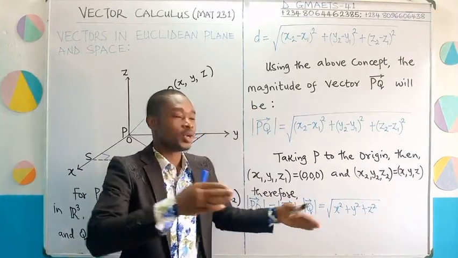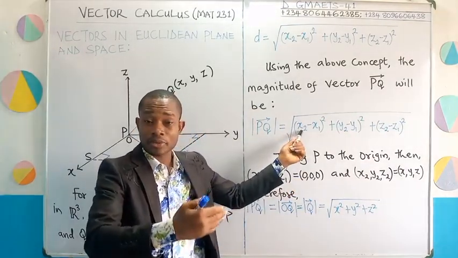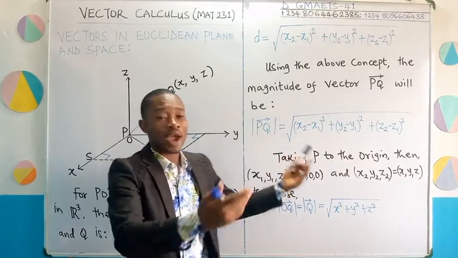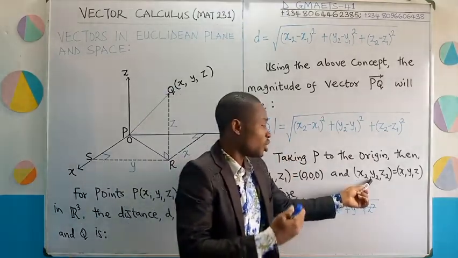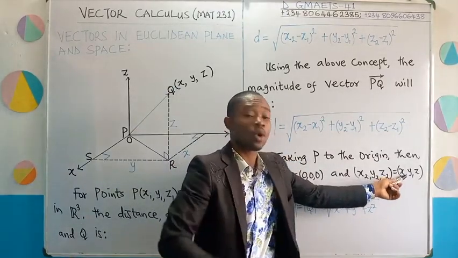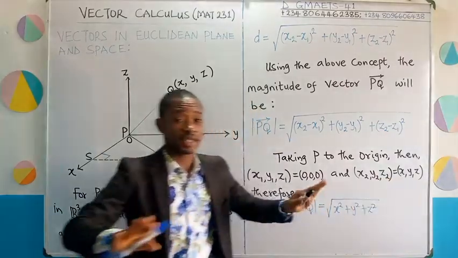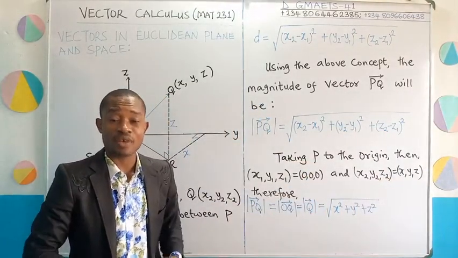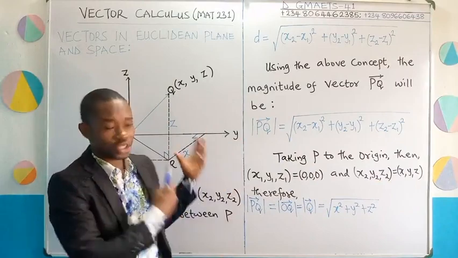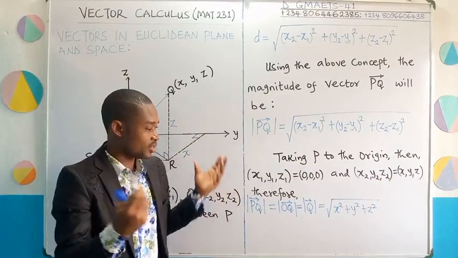Under this condition, we don't need to bother putting subscript 2 for x2, y2, z2. That is why we have x2, y2, z2 equal to x, y, z. These are points, they are values, they are real numbers in the Cartesian or rectangular coordinate system.